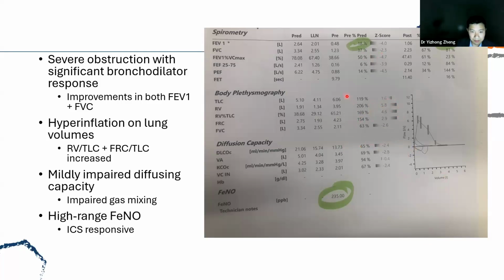And part of that is due to impaired gas mixing, so the VA is low compared to the TLC. And their FeNO is markedly elevated, suggesting, hopefully they're on inhaled corticosteroid, either poor technique, not enough dose, or not taking it, or something else is driving it. Is there another allergen that they're being exposed to at home?